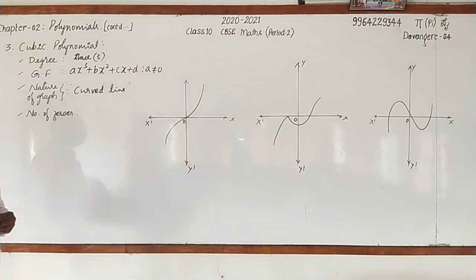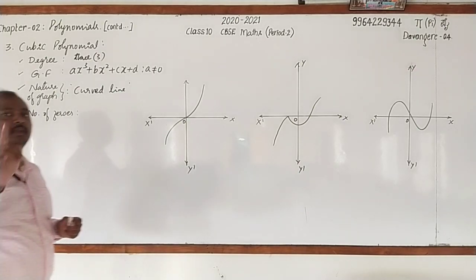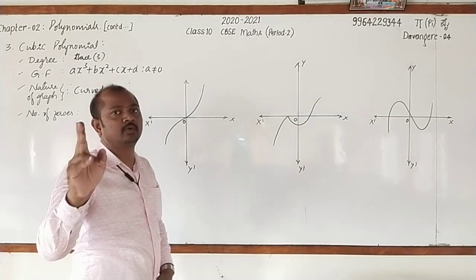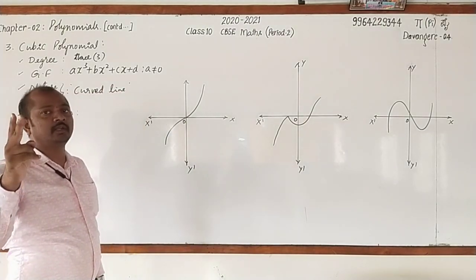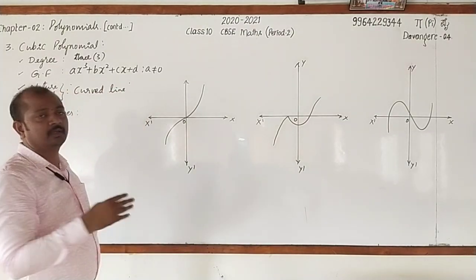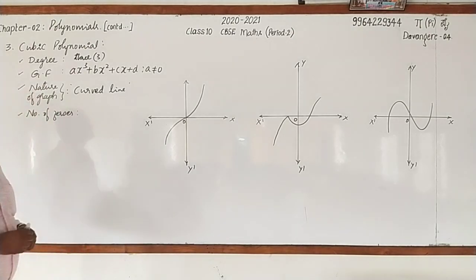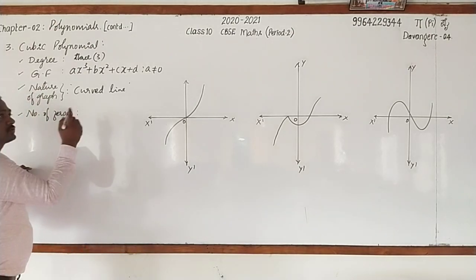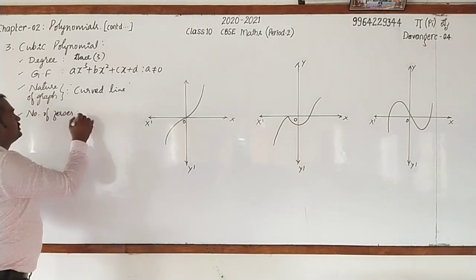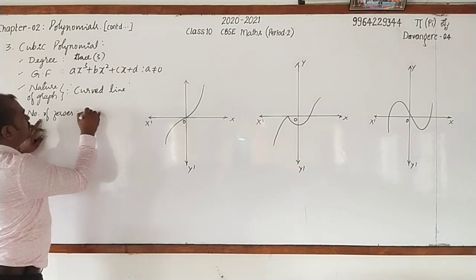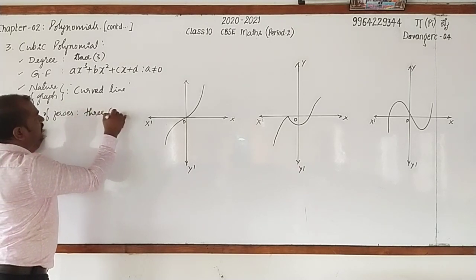The number of zeros, we have already come to know that in case of a linear polynomial, degree 1, 1 zero. Quadratic, degree 2, 2 zeros. Cubic, degree 3, hence it must have at most 3 zeros, right? Number of zeros, 3.